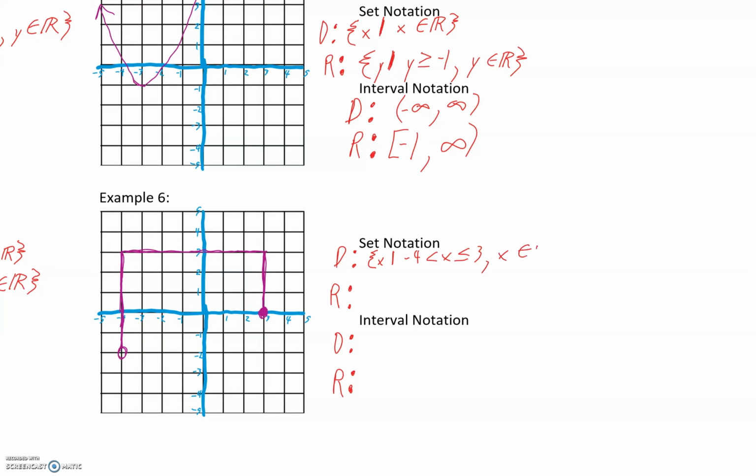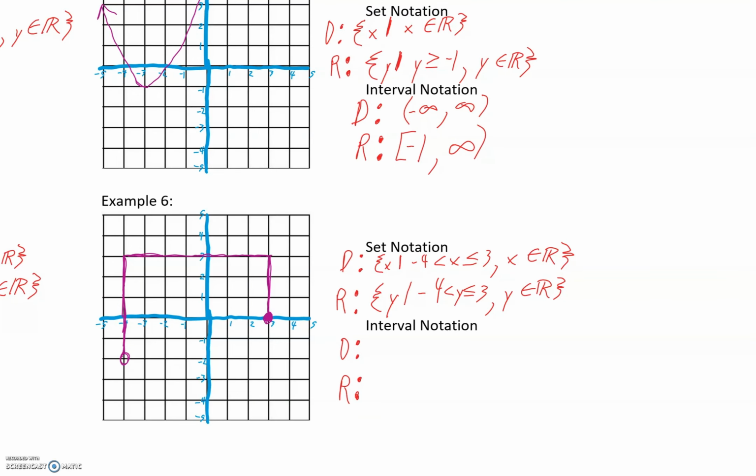X is in the real numbers. Y is going to be such that it's between negative 4 and 3 as well. Y is in the real numbers.